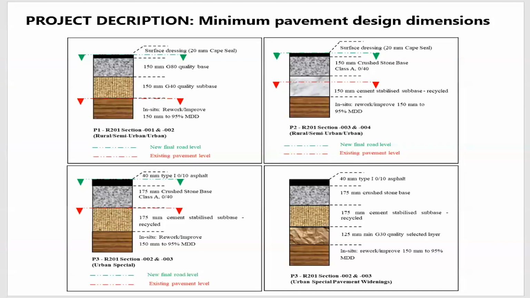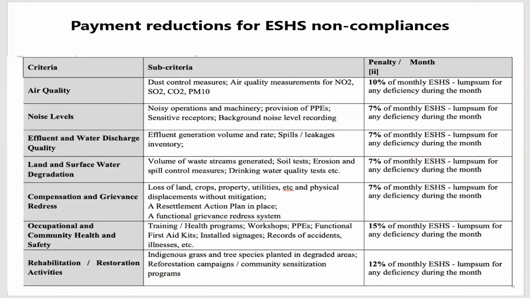For the gravel road, the design submitted by the contracting entity is to do Gene 80 for base, Gene 40, and then do the in-situ works, and then crushed stone base, and then cement stabilized base for the Temale Yendi session. Those are the 2 main designs that the contracting entity has submitted and had approved for this work.